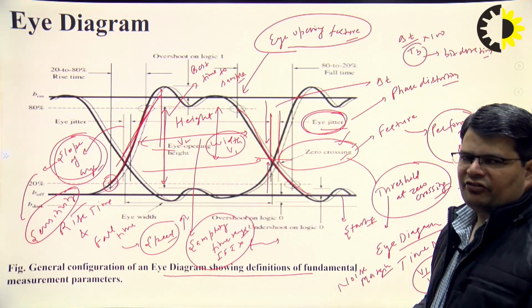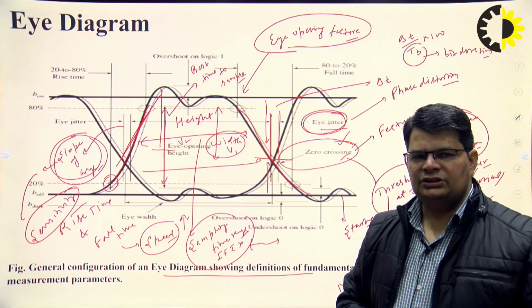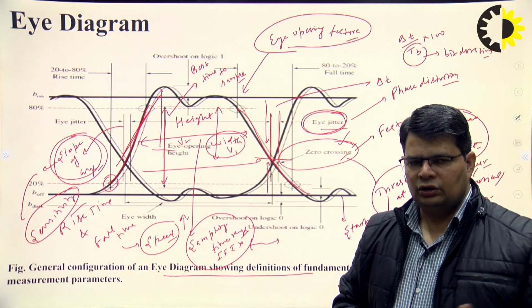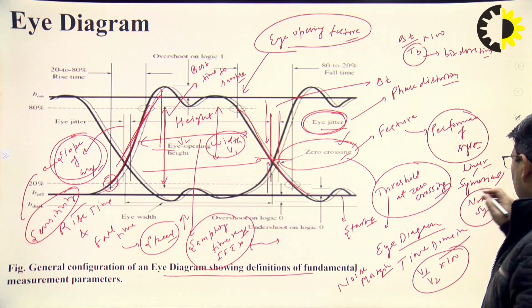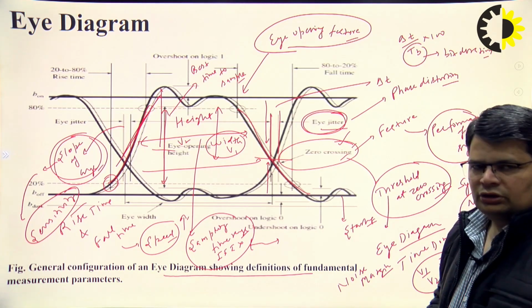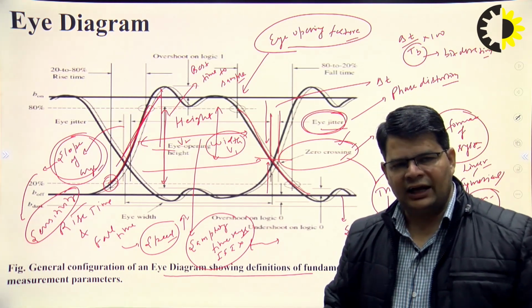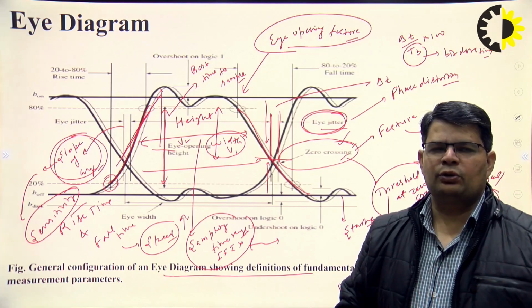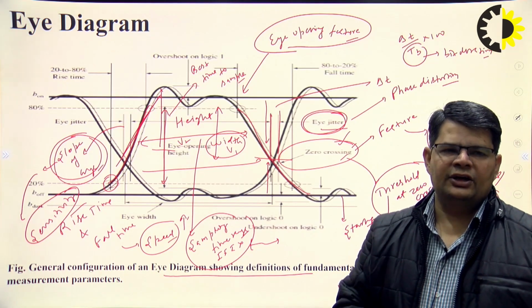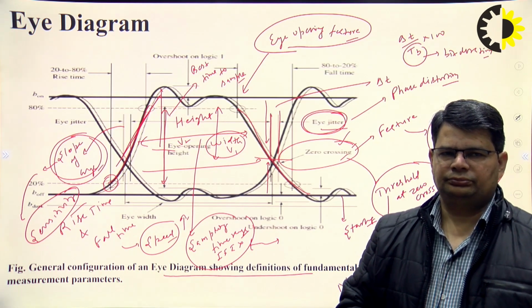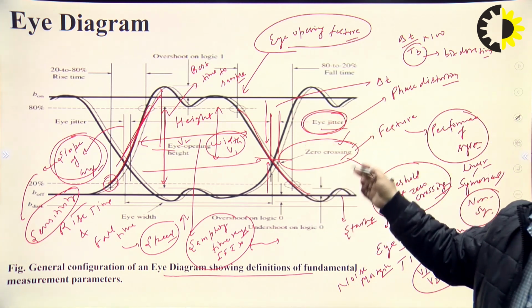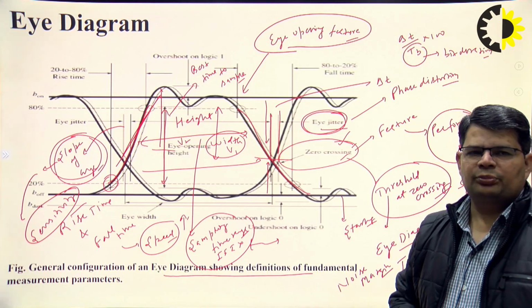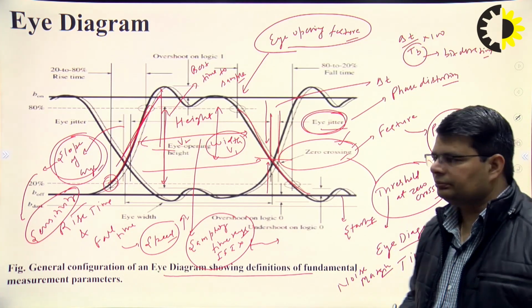And if the eye diagram is non-symmetrical or not properly aligned, then we can say that the system is basically a non-linear system. So simply by analyzing the eye diagram, we can also comment about the linearity and non-linearity of the system. So in this way we can analyze the eye diagram for the performance of the communication system.